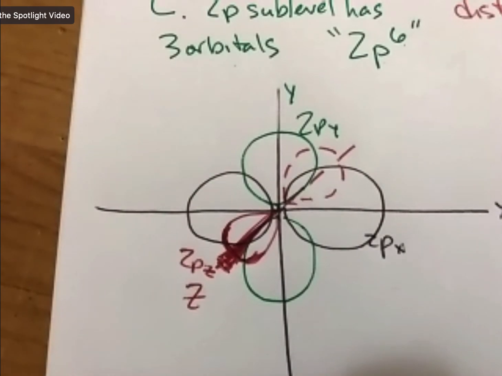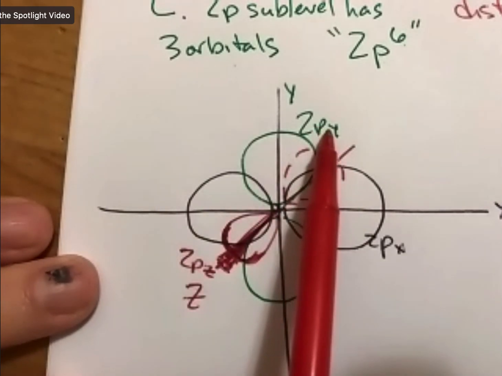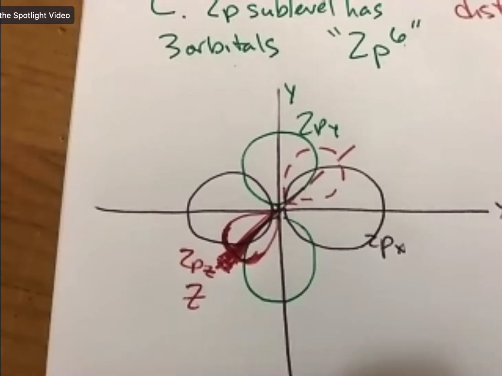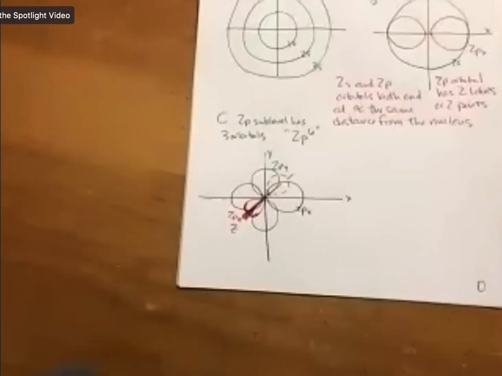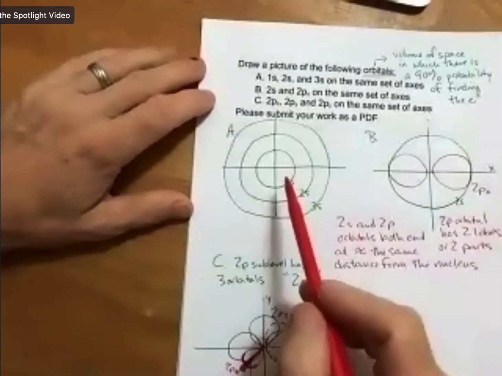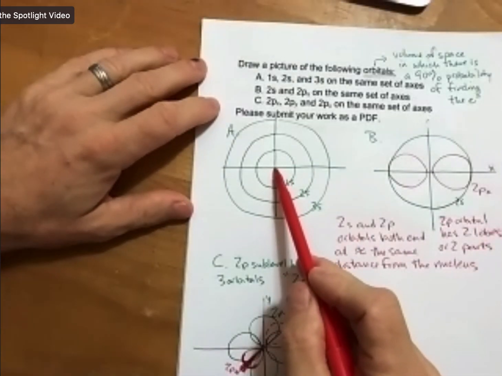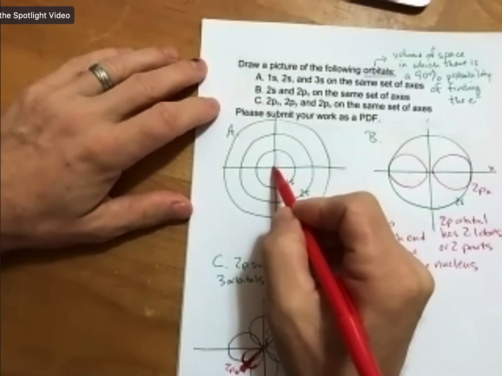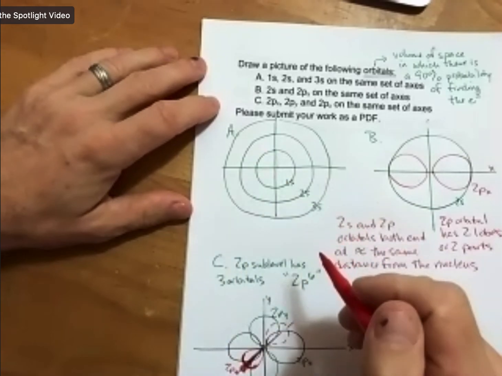But now we know the shapes of s and p orbitals, and we know how to configure them around the nucleus. If this question were about 3s and 3p's, 3p orbitals have the same designations, they're just larger. And let me zoom back out. So 3p orbitals for 3px would be balloons or half dumbbells that go all the way out to the edge of 3s.